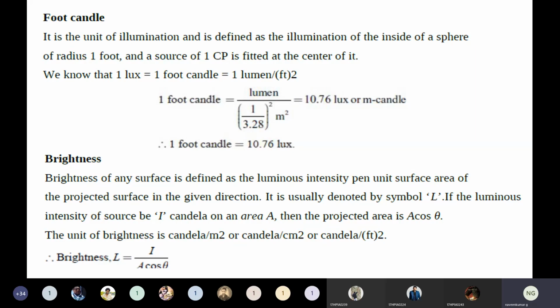We know that 1 lux is equal to 1 foot candle, that is equal to 1 lumen per foot square. So 1 foot candle is given as 1 lumen by (1 by 3.28) meter square.